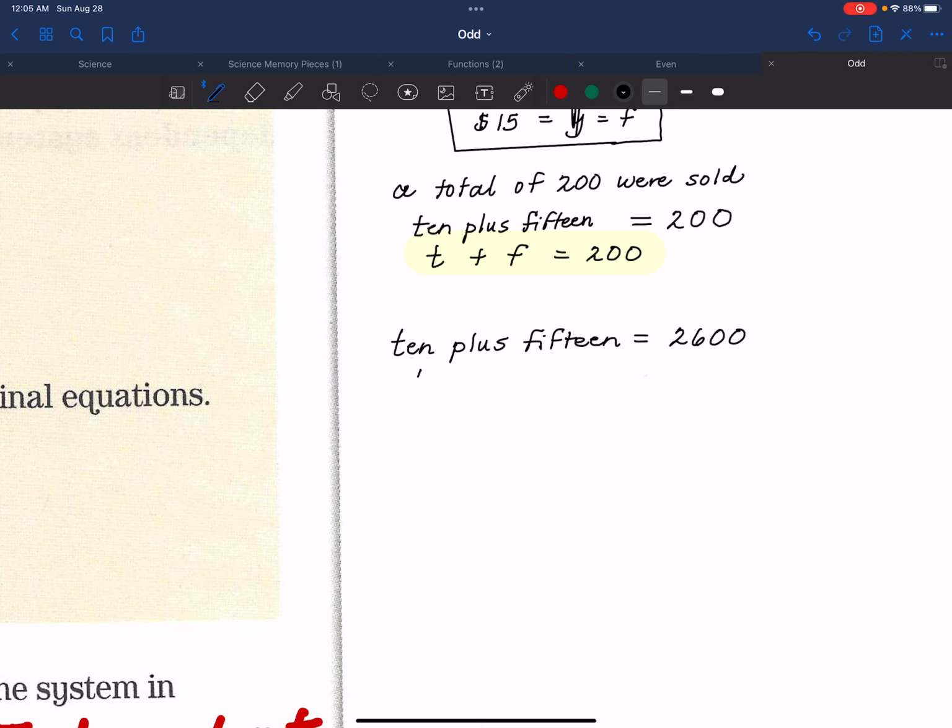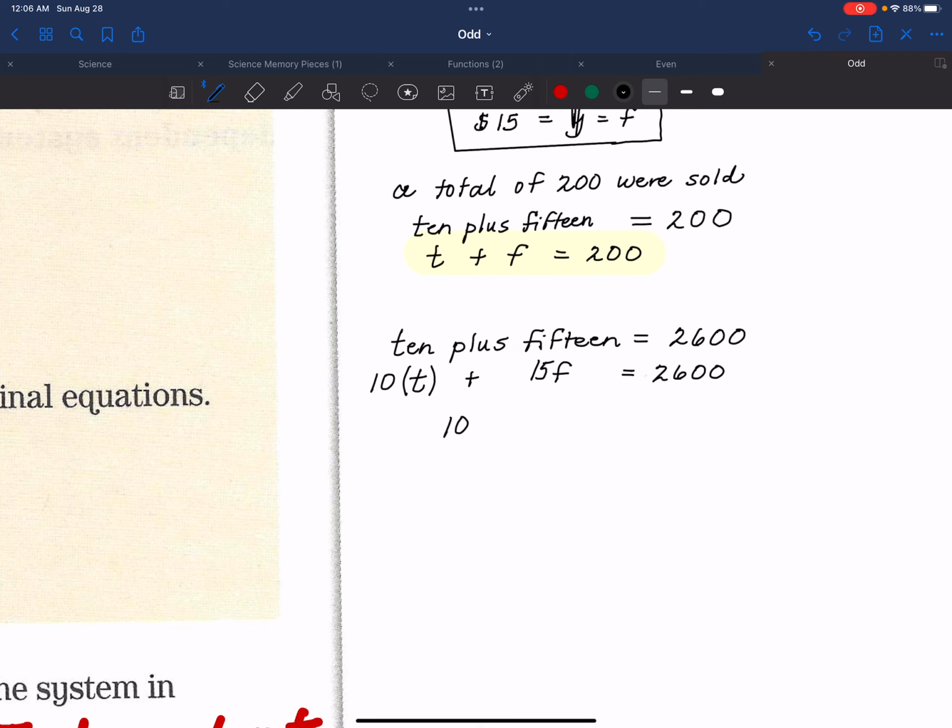And we know that the 10s are represented by T, the F's are the $15 tickets. So I'm going to say that for every $10 ticket sold, we made $10. For every $15 ticket sold, we made $15. And together, we made $2,600.